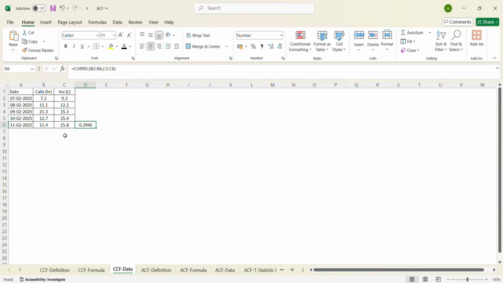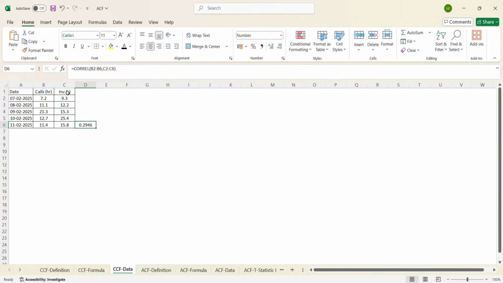But however, let's apply the concept of lag. So if I give a demo today, not necessarily the invoice has to be booked today. So after today's demo, people can book an invoice tomorrow also, right? So then I need to understand what could be the cross correlation. Cross correlation is, if I take the correlation not exactly for 7th of February, how many calls we have made or what is the duration of calls, and for 7th of February, what is the total invoice value.